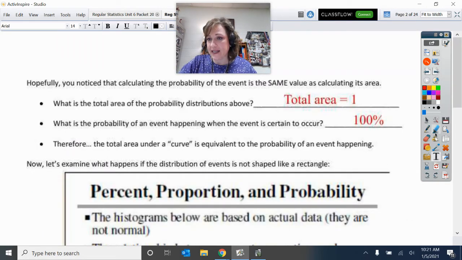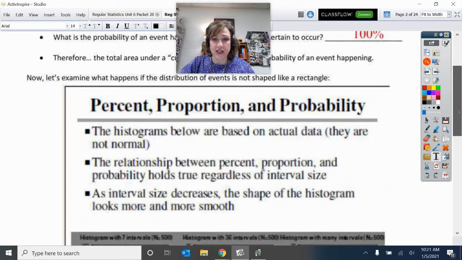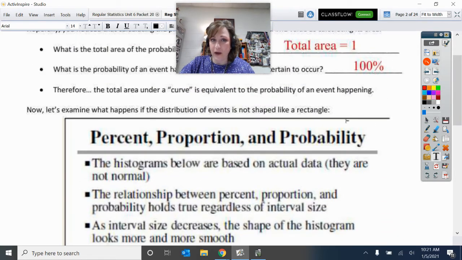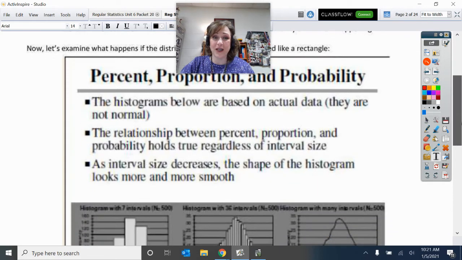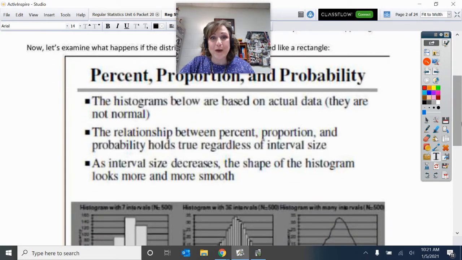So then let's kind of talk through what we just learned. We said that the total area of a probability distribution was 1 because the probability that it's going to happen is 100%. Therefore, that total area under the curve is 100%. Okay, now let's talk about shapes that are not rectangles, because truthfully, real world data isn't all uniformly distributed.